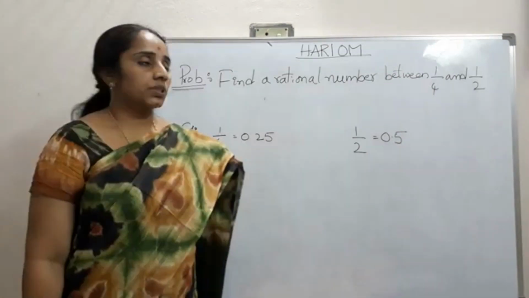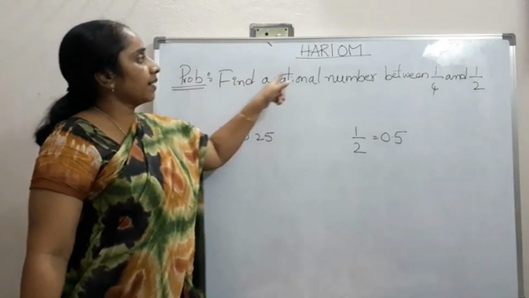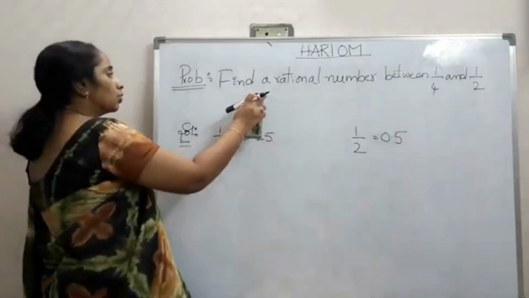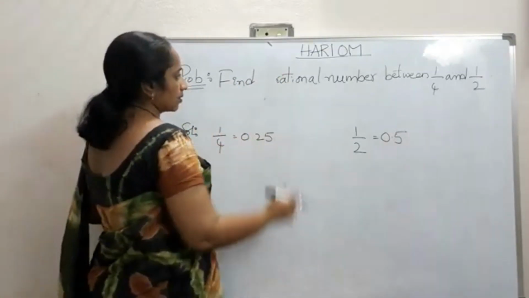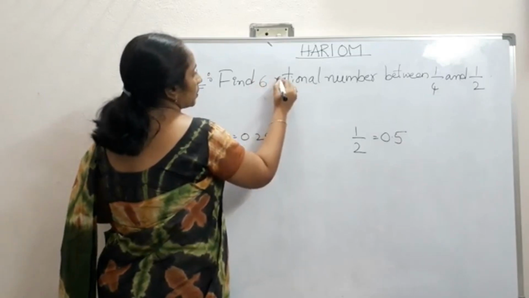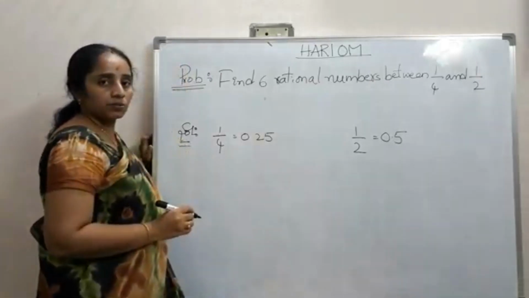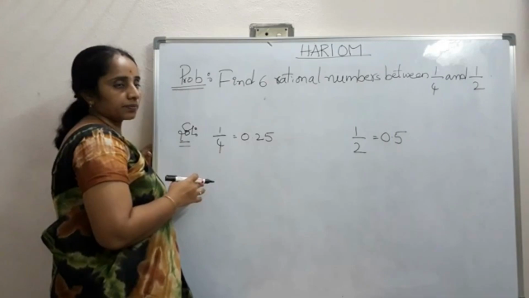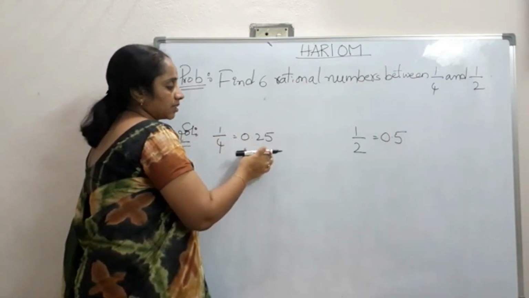If the same question is asked, find a rational number between them, if they asked you 2, 3 or 10, here I will take 6 rational numbers between 1 by 4 and 1 by 2. In such a case, we can use this method also. See, change this 1 by 4 into its decimal form.